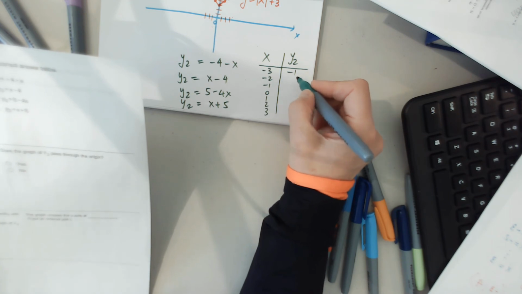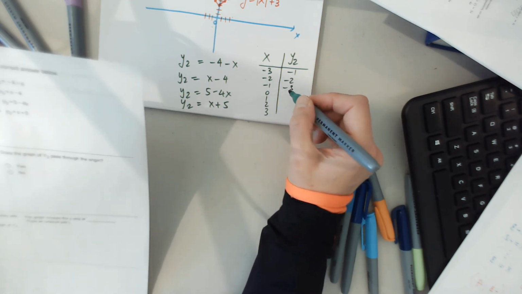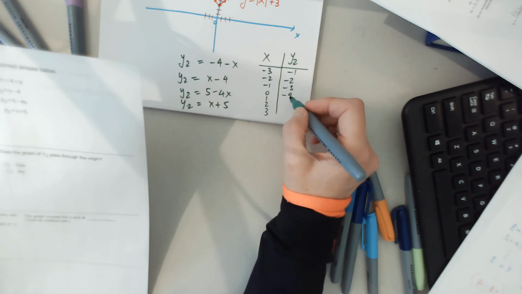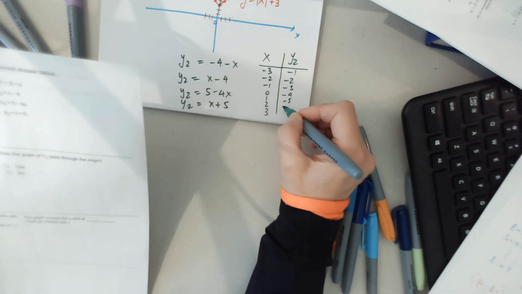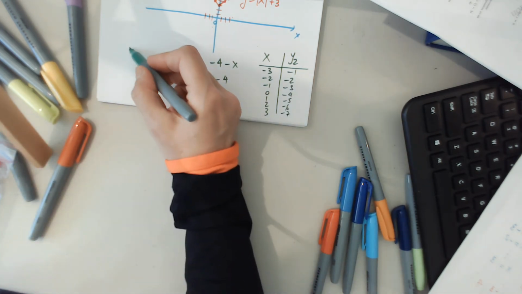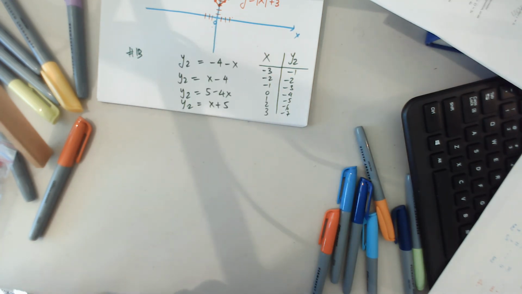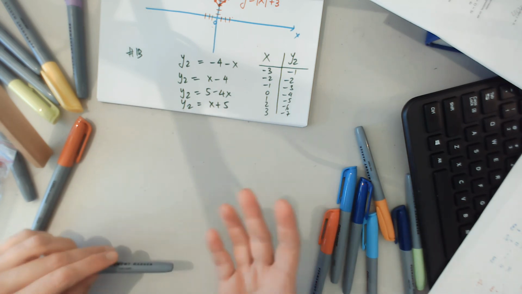And y2 is -1 and -2, -3 corresponding -4, -5, -6, and -7. All we have to identify, so this was for me problem 13, but for you it may be a different problem. So we only need to identify which function or equation works.